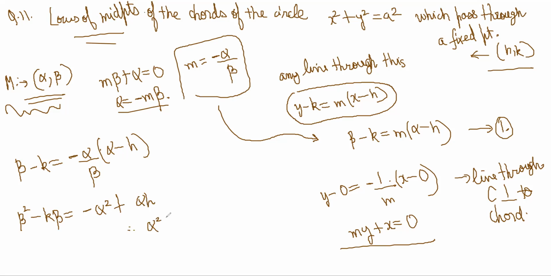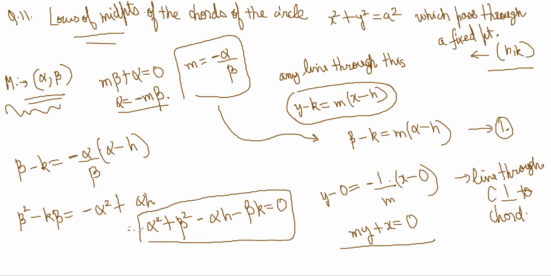Therefore, the equation becomes alpha square plus beta square minus alpha h minus beta k is equal to 0. This is clearly the equation of a circle as alpha beta varies, right? Yes, correct. This becomes the circle.